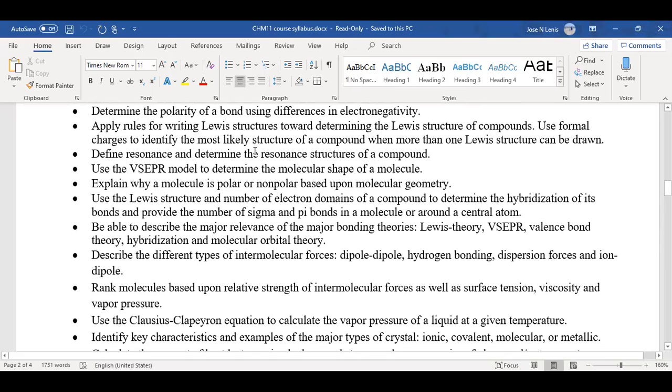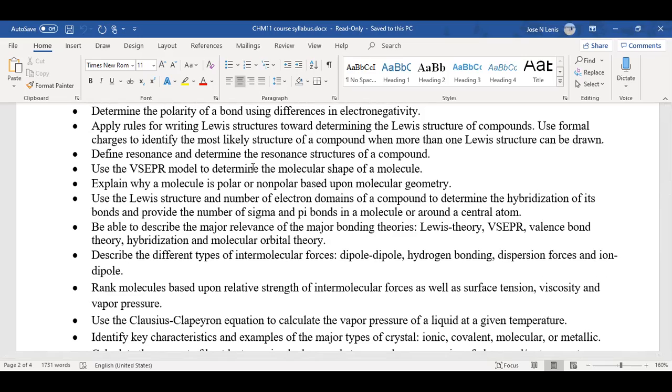After that, we'll go to chemical bonding, talking about Lewis structures, ionic bonding and properties, what kind of elements from the periodic table are more prone to form ionic compounds, and to distinguish what elements are more prone to form covalent compounds.